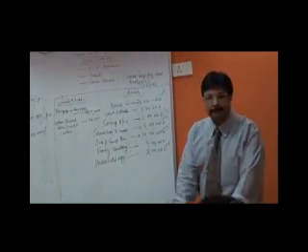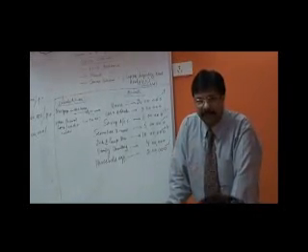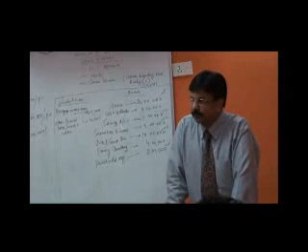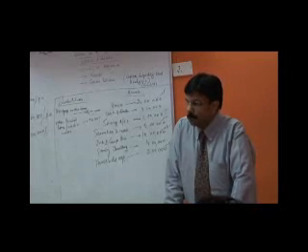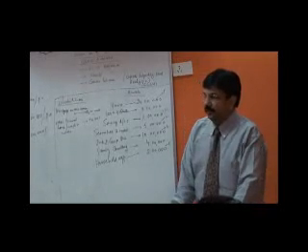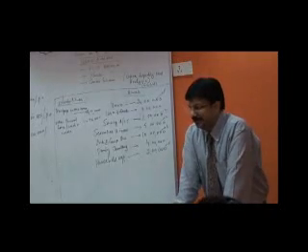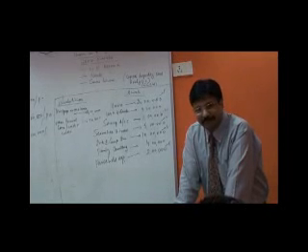Family jewelry, fixed assets, not liquid assets. Why? It is not easily convertible into cash. But it is said that gold, silver and all, they are easily converted into cash. Yes. It takes a time.